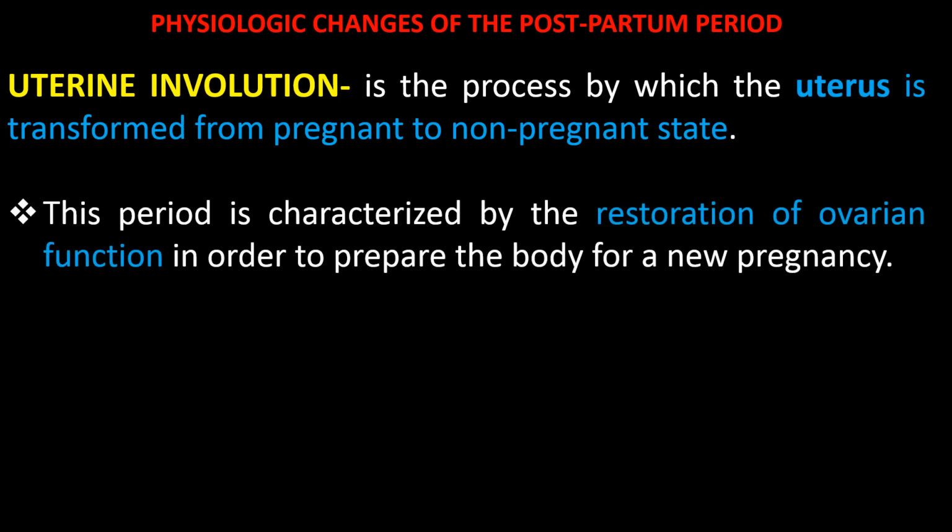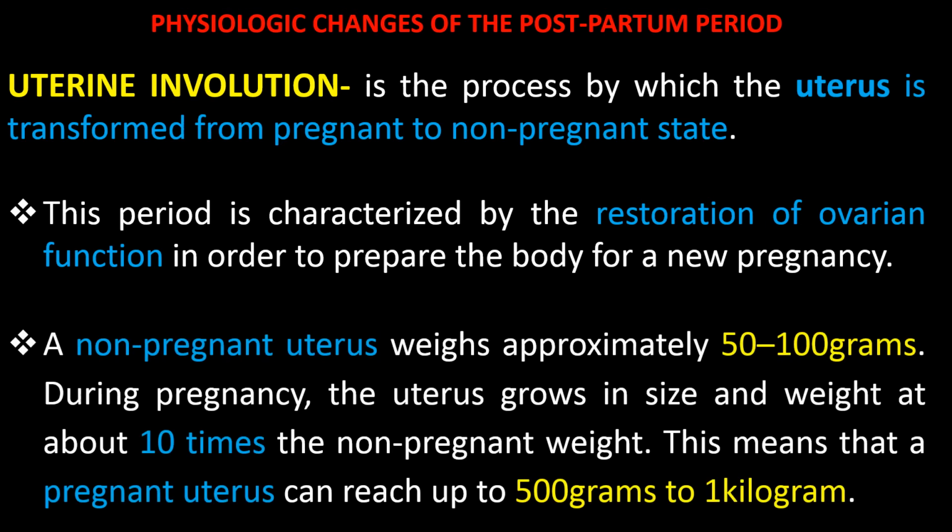This period is characterized by the restoration of the ovarian function in order to prepare the body again for another pregnancy if the time comes. So always remember that a non-pregnant uterus weighs approximately 50 to 100 grams. And during pregnancy, the uterus, since it is occupied by the mother and since the lining of the uterus has to thicken for the placenta to properly implant itself in its muscles, it grew in size and weight about 10 times the non-pregnant weight.